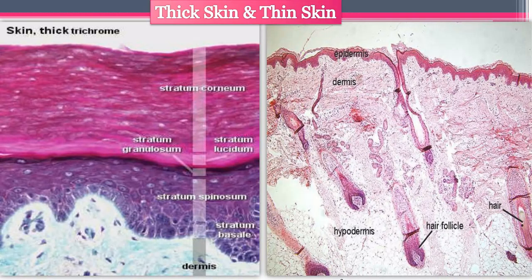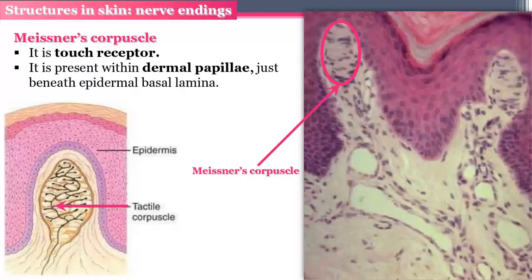Now let us see the characteristic structures present in the skin. These are the Meissner's corpuscles, also called the tactile corpuscle.